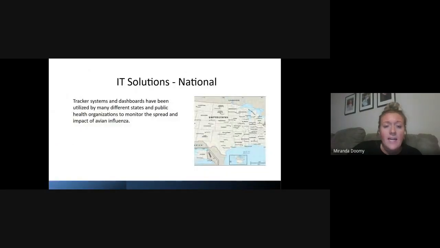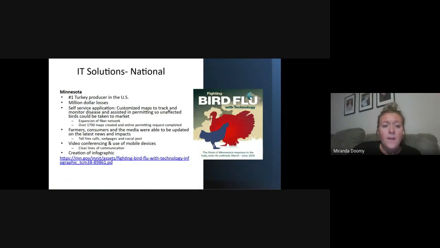And then from a national standpoint, there have been multiple tracker systems and dashboards utilized by many different states and public health organizations to not only help monitor the spread, but also the impact of avian influenza. The first state that tried to implement an IT solution was Minnesota.